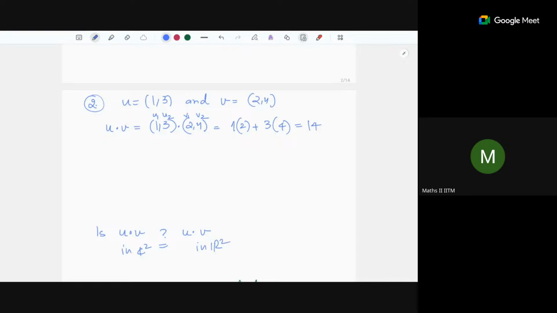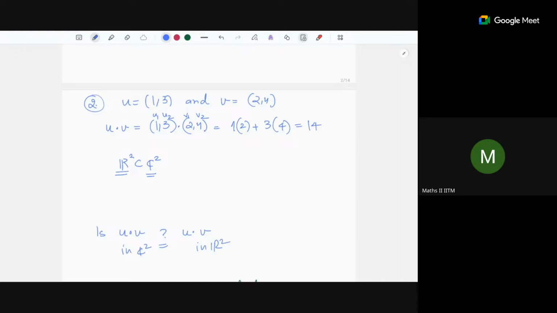That is clear, right? R2 is a subset of C2, but it is not a subspace. You need to be careful when you say subspace. Clearly R2 sits inside C2. Any vector in R2 is also a vector in C2, because you can think of the imaginary part as 0, and then it sits inside.